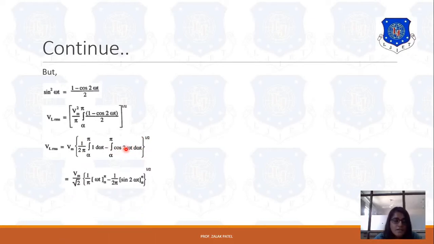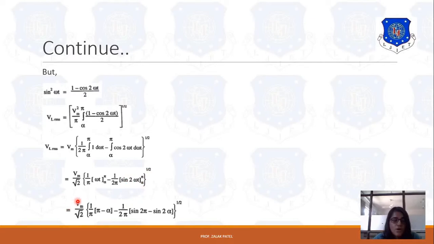Then the answer can be written like this: Vm upon root 2, 1 upon pi, omega t from alpha to pi. Same way, minus 1 upon 2 pi into cos 2 omega t. The integration of cos 2 omega t is sin 2 omega t, with limits from alpha to pi, all raised to 1 by 2.